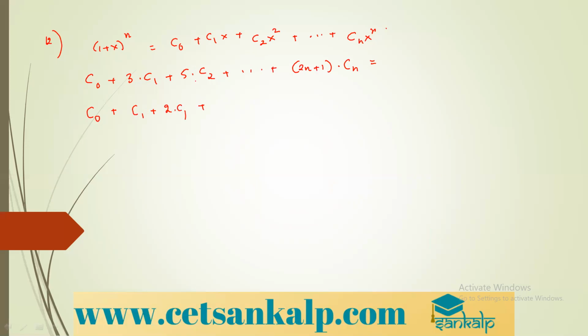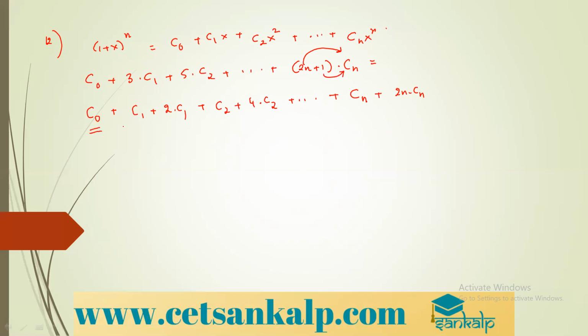Same way 5C2, I will take 1C2 and the remaining 4 into C2. So on it happens. In the end, I will take 1Cn and then left off is 2n into Cn.